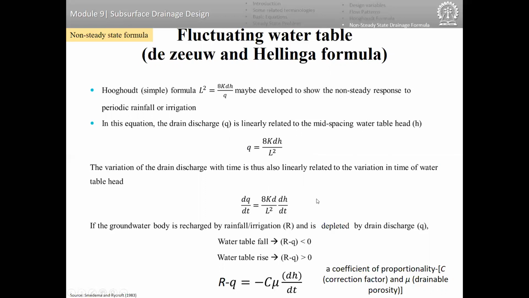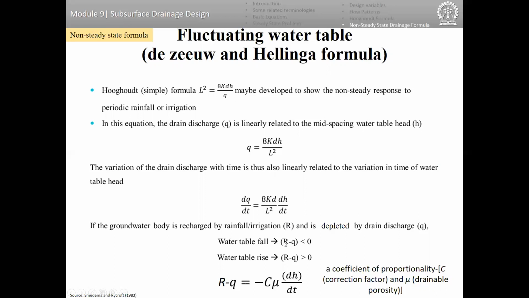Now, if the groundwater body is recharged by rainfall or irrigation, we call it recharge, which can be denoted by R, and this recharge is depleted by drain discharge Q. These two behaviors are represented here.